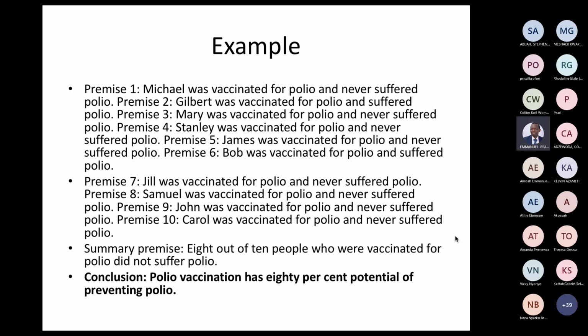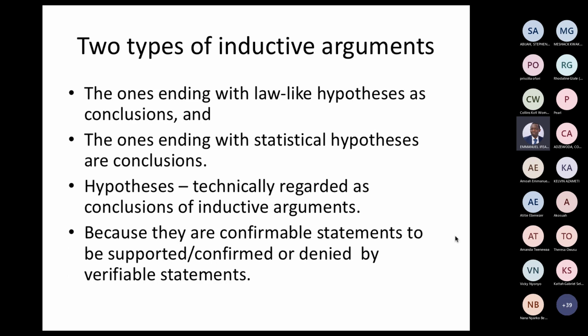Now, so we have two types of inductive arguments, the ones ending with law-like hypotheses as conclusions and the ones ending with statistical hypotheses as conclusions. Hypotheses are technically regarded as conclusions of inductive arguments. That's another distinguishing feature of inductive arguments.